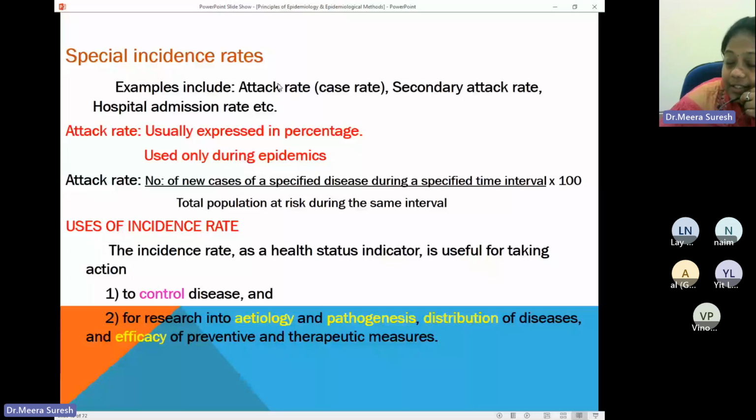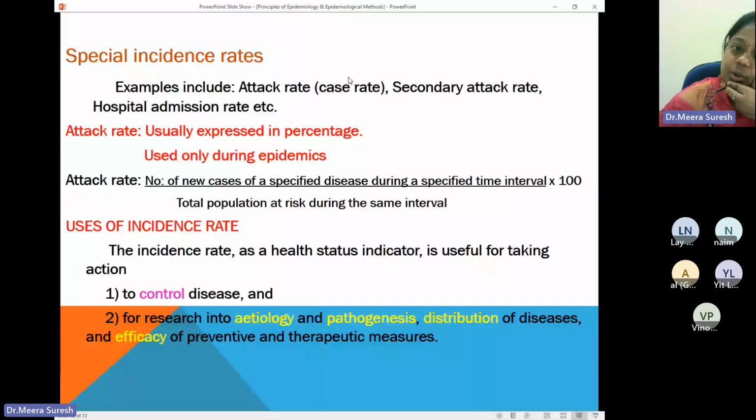Earlier, in the case of mortality rate, we learned the term CFR, the case fatality rate, where we study the number of deaths among the number of cases. Here, in attack rate, there is another name, that is case rate. Only the term fatality is missing.